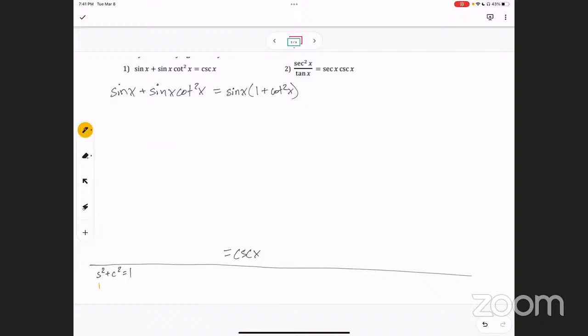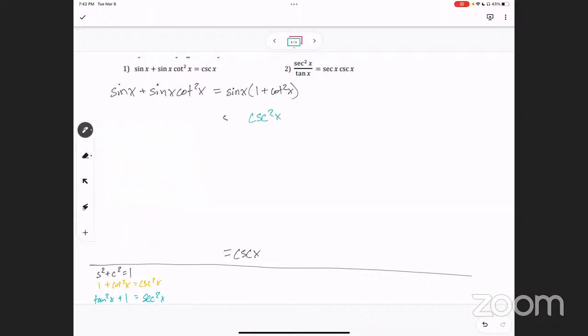Let's write a cheat sheet. 1 plus cotangent squared equals cosecant squared x. And the other one was tangent squared x plus 1 equals secant squared x. Yeah, it's cosecant squared. So this is going to be cosecant squared x.